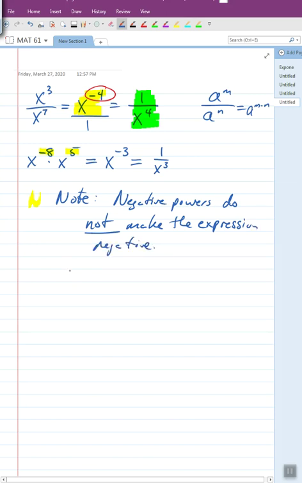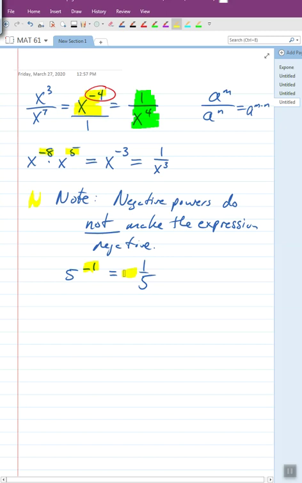What I mean by that is when we said 5 to the negative 1 was 1/5, you do notice the negative 1 exponent here. The negative 1 exponent had nothing to do with making this answer negative.